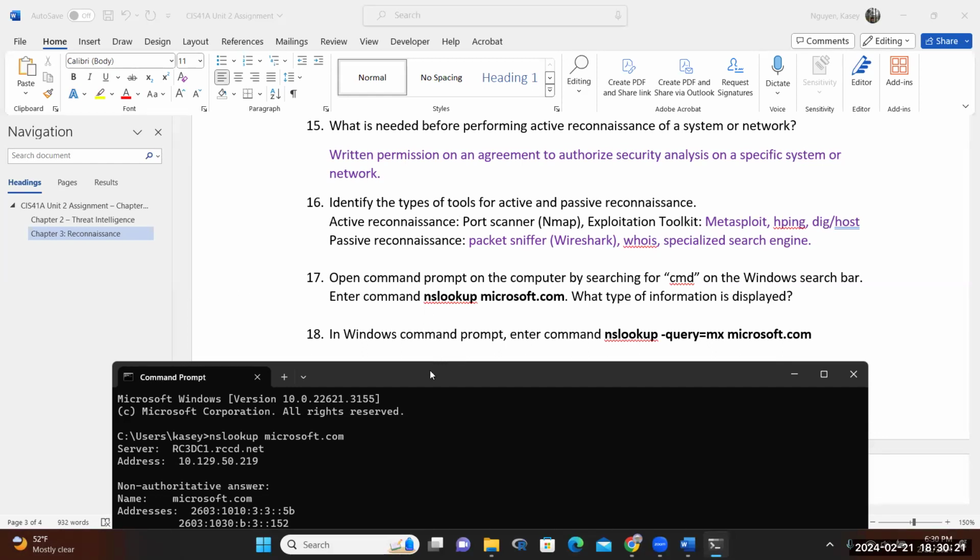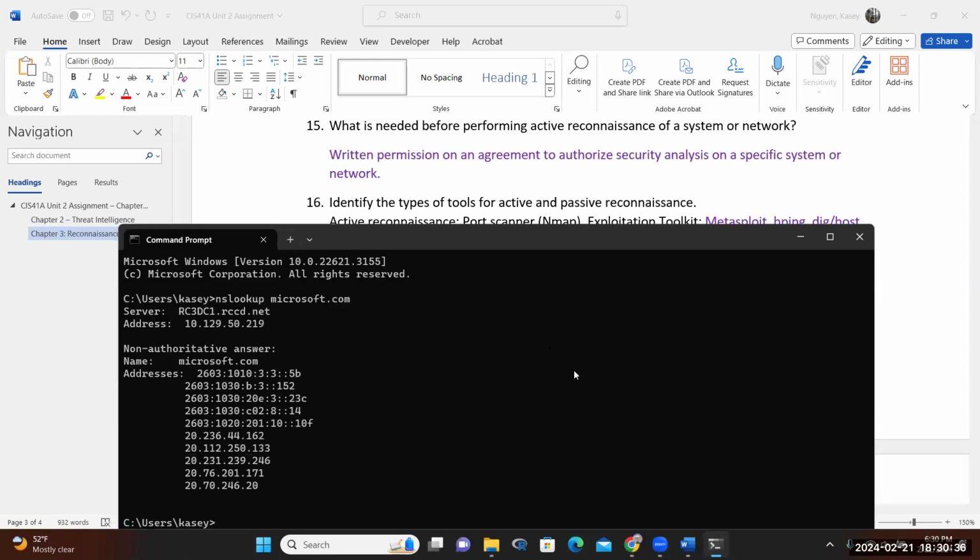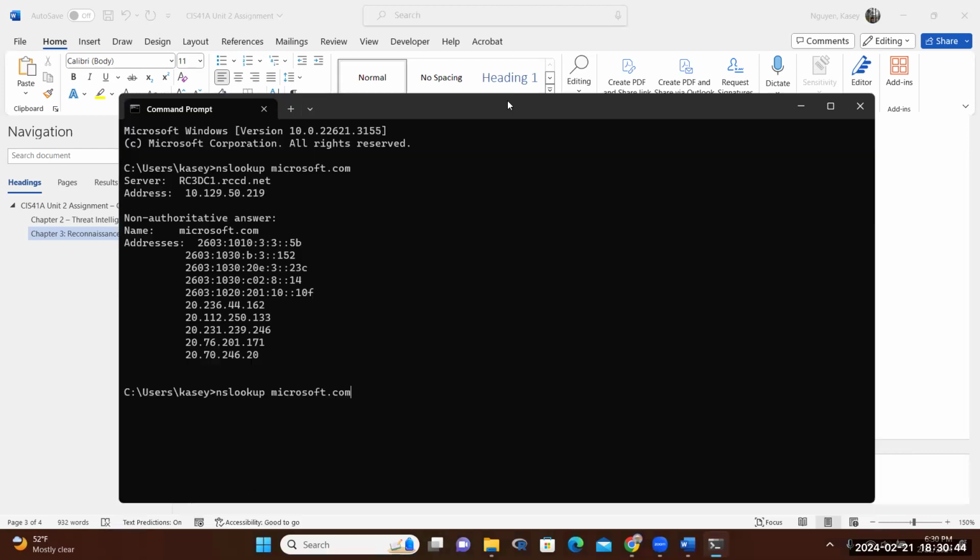So now what we can do is we will try to look for the MX record, which is Microsoft Exchange, that's used for mail server. So instead of using just nslookup and Microsoft.com, I would put in the dash query mx Microsoft.com.